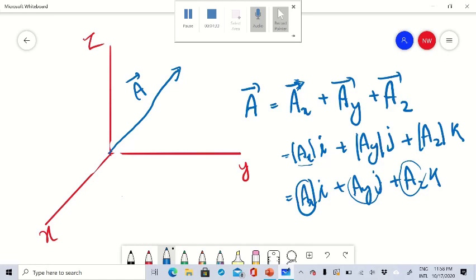Sometimes the Ax part can be 0, the Ay part can be 0, or the Az part can be 0, depending on the orientation of the vector. So this is the general vector A in x, y, z space, and I can resolve it into three components.